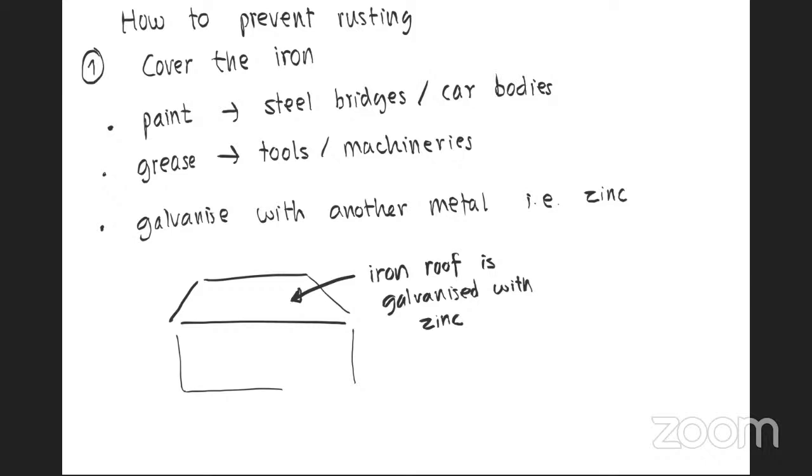When the zinc hardens, it covers the iron, and therefore iron is no longer in contact with oxygen and water. So those are the three ways to protect against rusting. You can paint the iron, you can grease the iron, or you can galvanize with another metal such as zinc. Please copy this down, and if you're done, let me know.